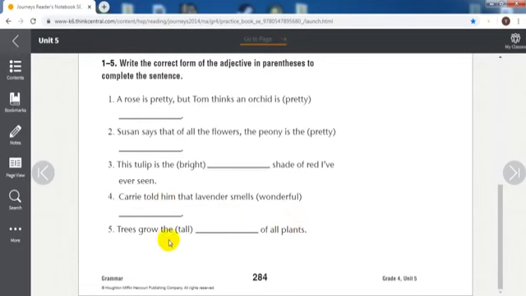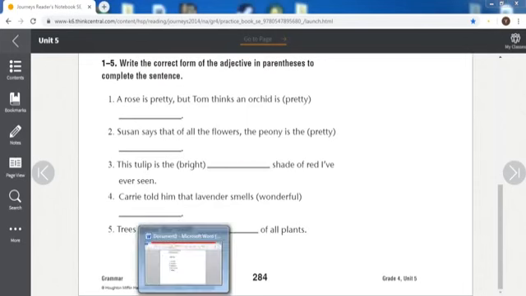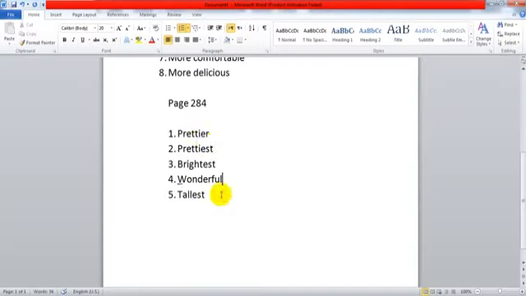Trees grow the tallest of all plants. Yep, the tallest. Great. Okay, so let's take a look at the answers, and I'll let you guys correct your answers using the answer sheet, okay? So from 1 to 5, page 284. Here we go. So number 1, prettier. Number 2, prettiest.